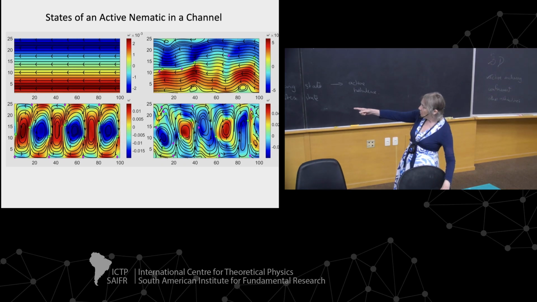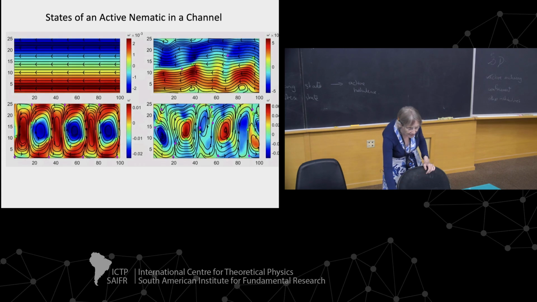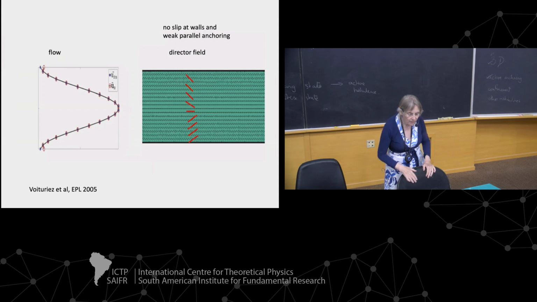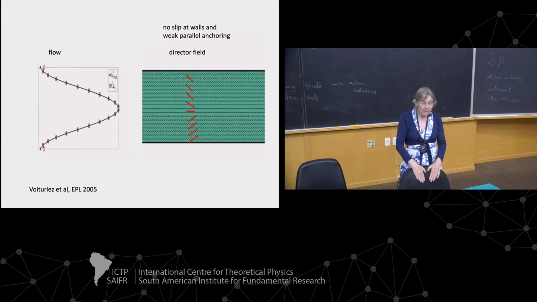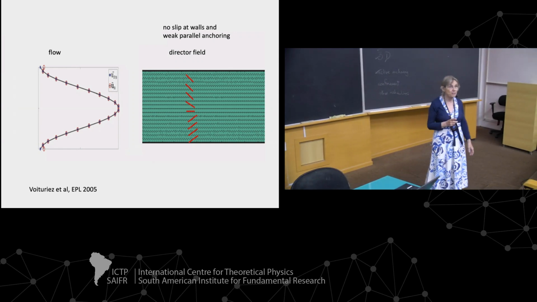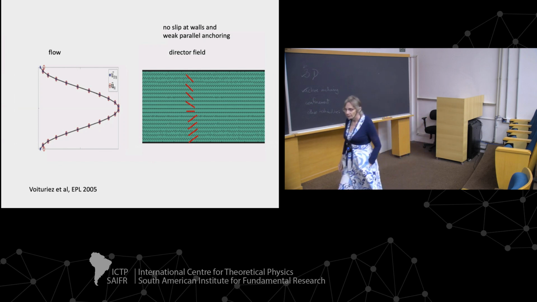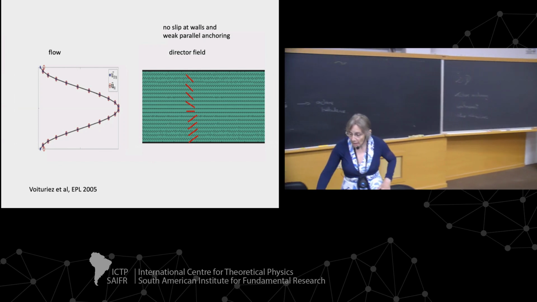So I'm going to give you mostly pictures, starting from the no-flow state and moving through this to see what these things look like. There's a really beautiful paper, this one, where they solve the hydrodynamic equations of motion that I showed you for one of these things in a channel, and they actually show the instability which gives you this laminar flow.